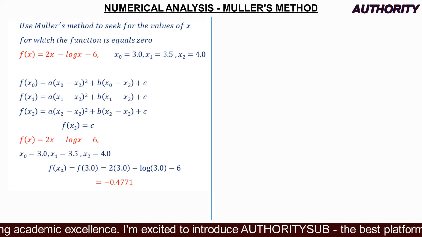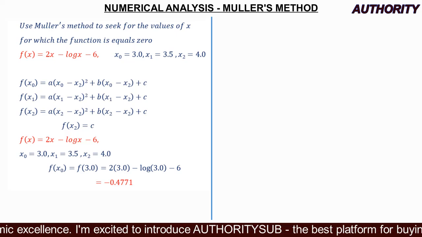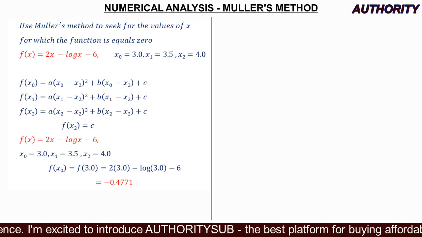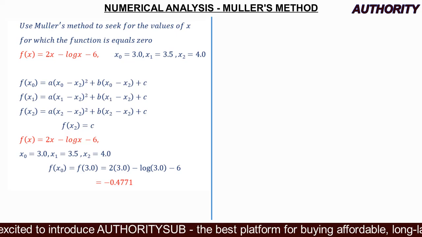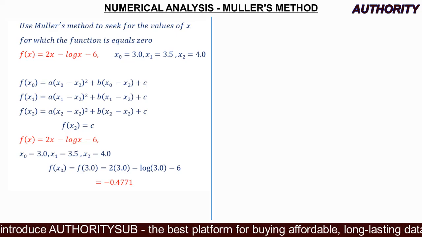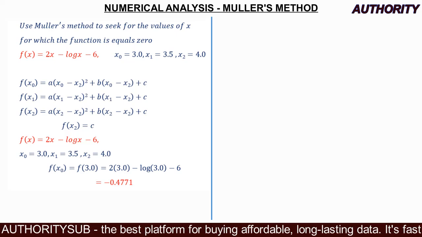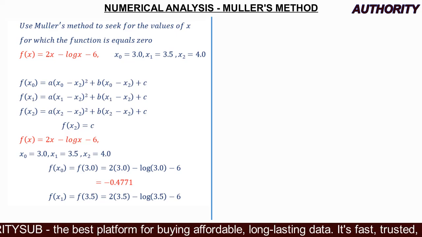So when we evaluate, we see that f of x naught is minus 0.4771. We also go for f of x1. We know that x1 is 3.5, and we know our function to be 2x minus log x minus 6. So let's plug it inside the function. When we say f of x1, we are talking about f of 3.5.